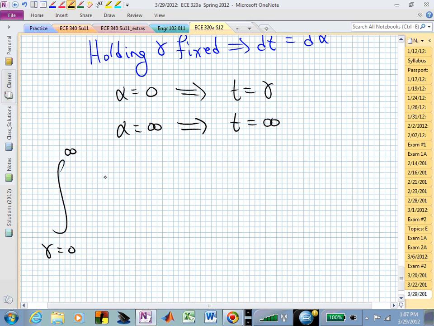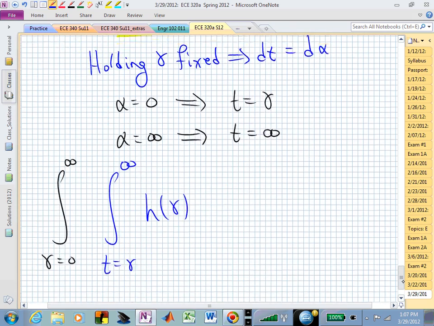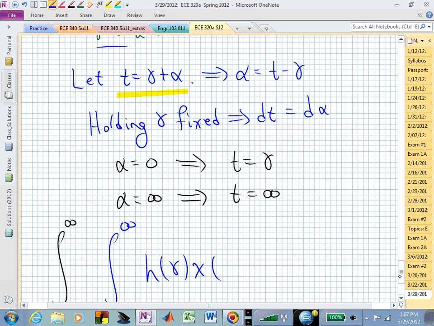But inside, I now have this integral from t equals gamma to t equals infinity. H of gamma, I haven't done anything with gamma, but now I had x of alpha. But what was alpha? That's t minus gamma.